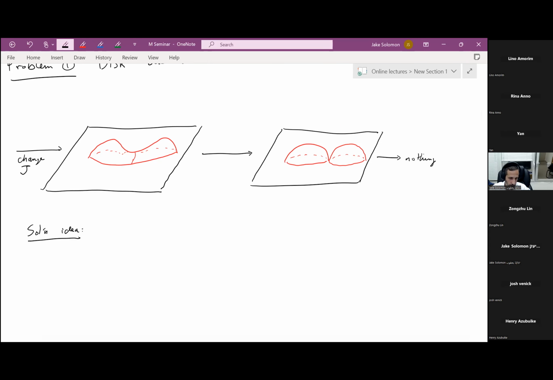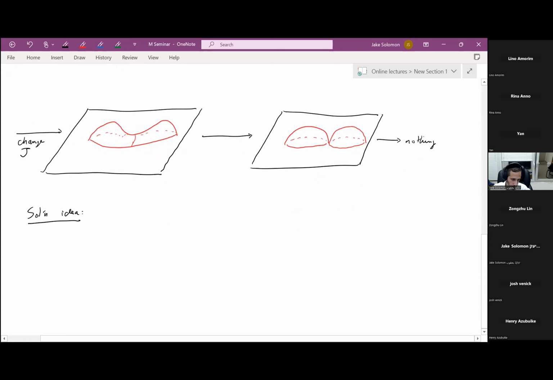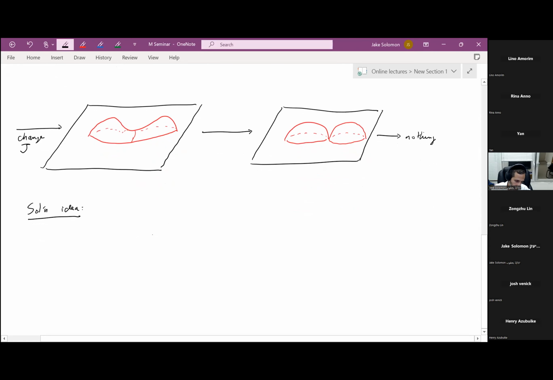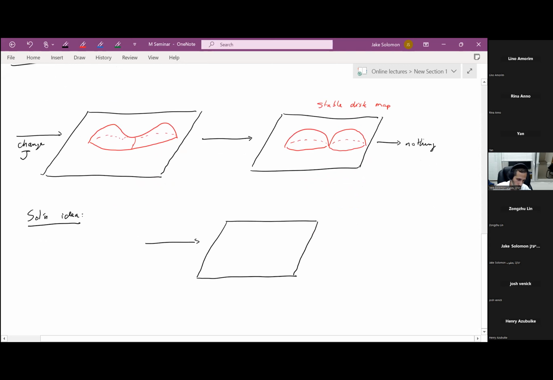So the solution idea, informally, is that we can continue counting something which is not just a disk or a stable disk, like a stable disk map with boundary.